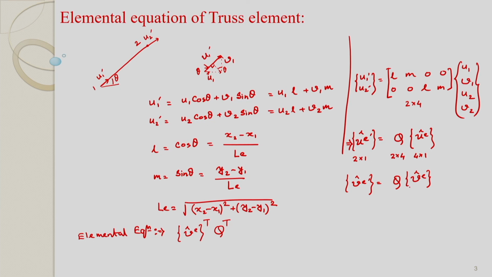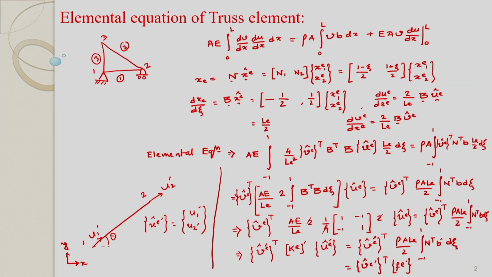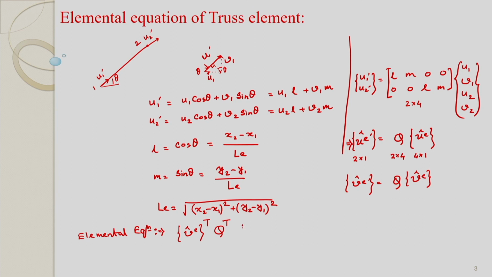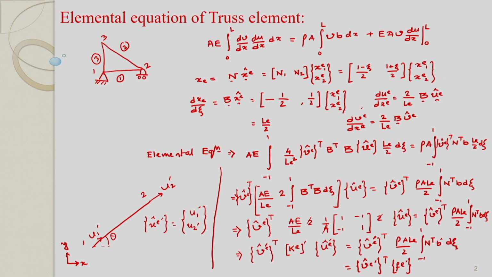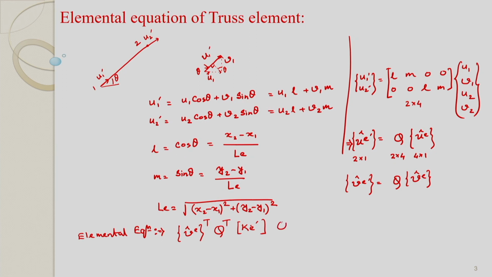Transpose of this, then the sequence will change. We keep K prime as it is, then UE prime we can write as Q UE.